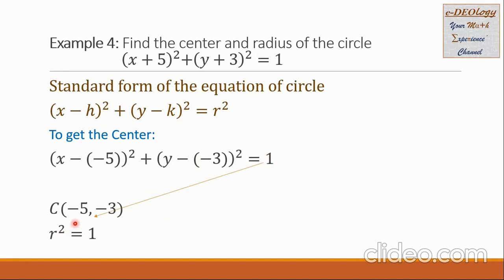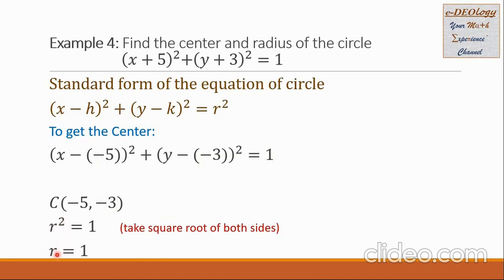We need to simplify further to get the r. We will take the square root of both sides. If we do that, the square here will go away, so we will have r equals the square root of 1, which is simply 1. So we have now the radius, which is 1, and the center (-5, -3).